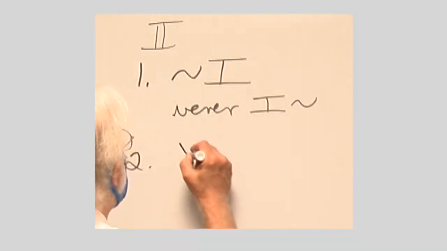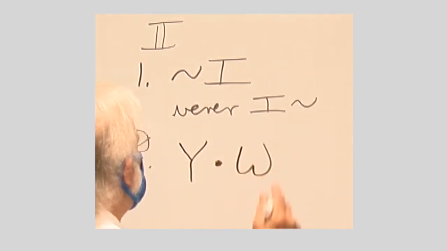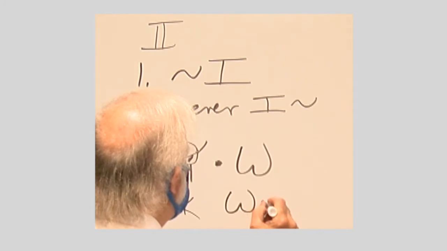Right, we would have Y dot W. Now, by the rule of commutativity, what we could do that would be equally okay would be W dot Y. That's also perfectly legitimate.